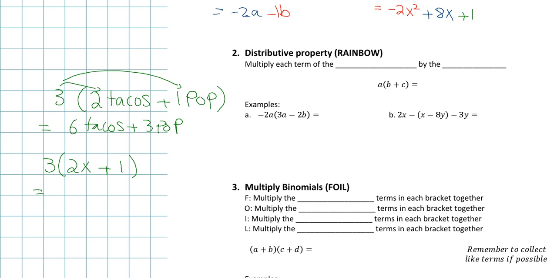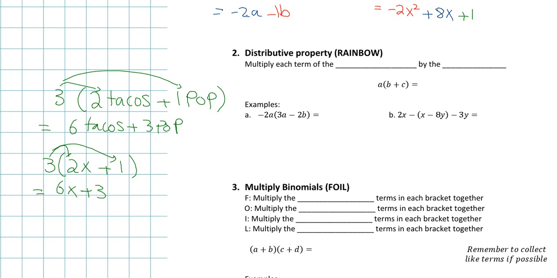You're not going to get only 1 pop. You're going to get 3 pops. Okay, plus 3. Because what we did here is we did what we call the distributive property. Okay, where you're multiplying that number that's in front with everything inside your bracket.